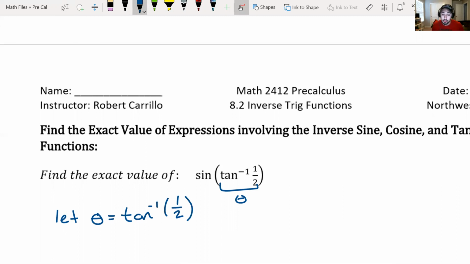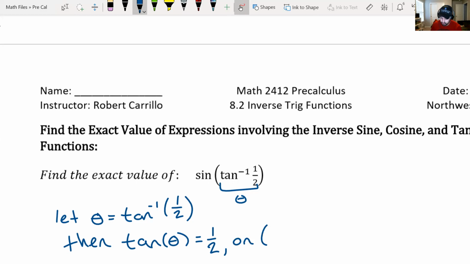And you probably know where we're going with this now. Then compose both sides with tangent. Then tangent theta equals 1/2. But this can only happen on the inverse tangent restrictions.